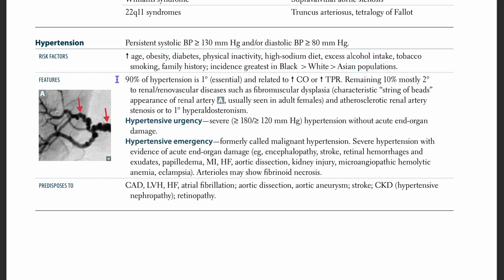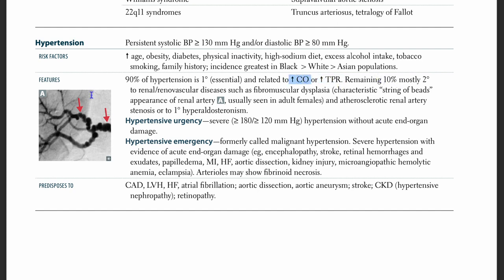Features: 90% of hypertension is primary or essential and related to increase in cardiac output and increase in total peripheral resistance. Right? So we'll go to that.